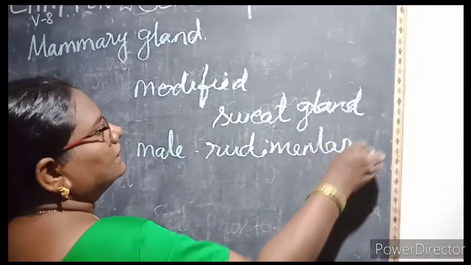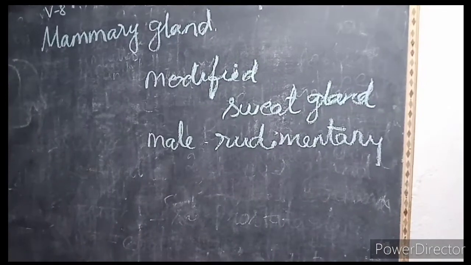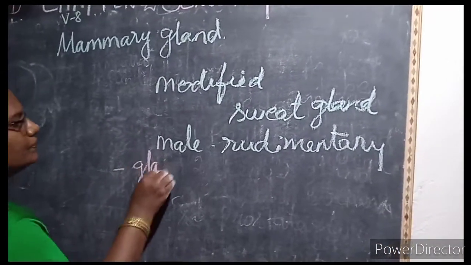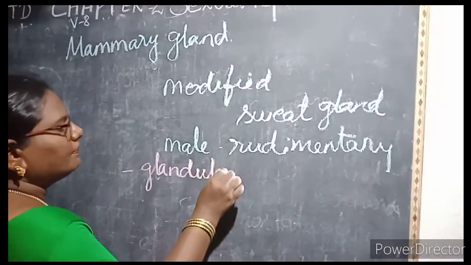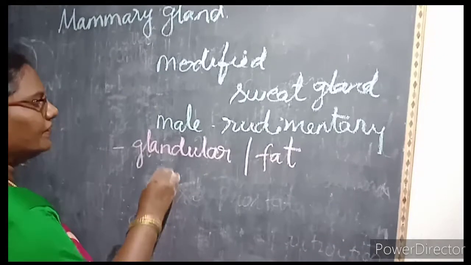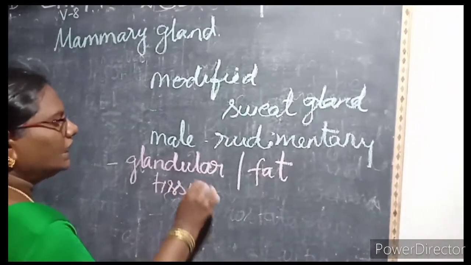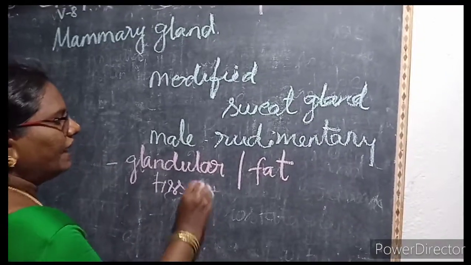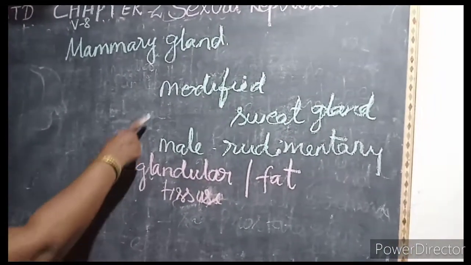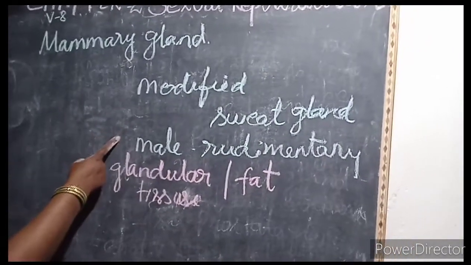Each mammary gland is formed of glandular tissue and variable quantities of fat. Each mammary gland is a modified sweat gland. In the male, it is functionless.